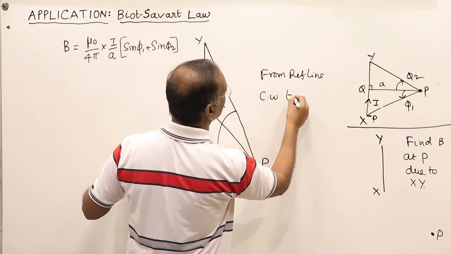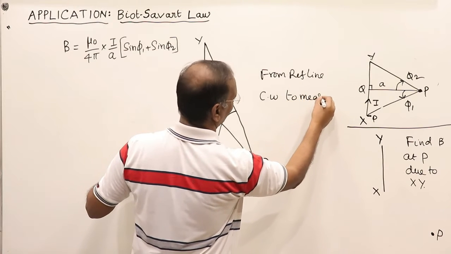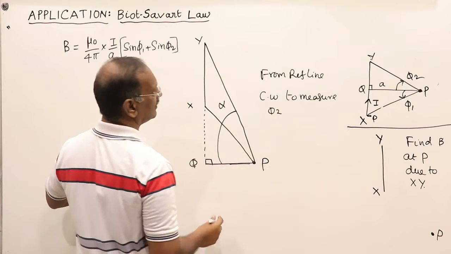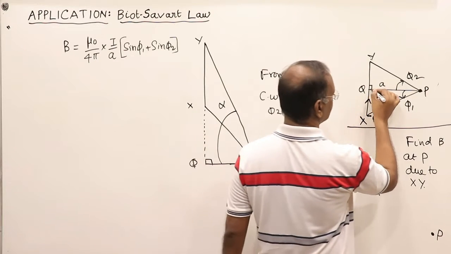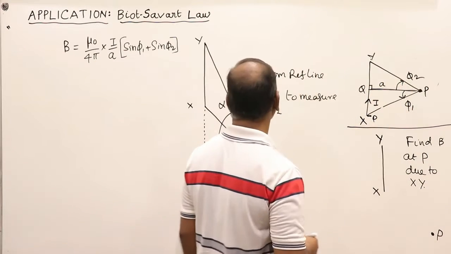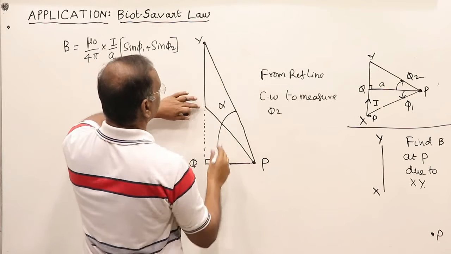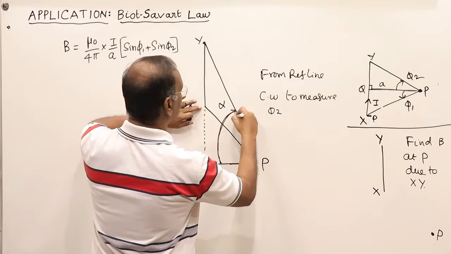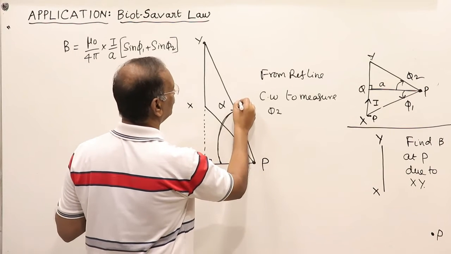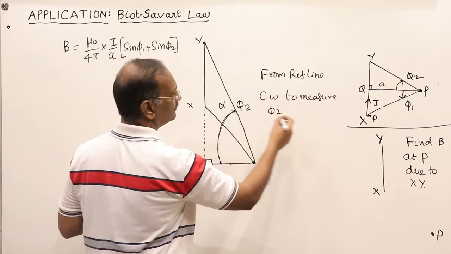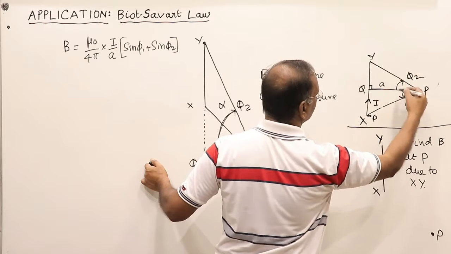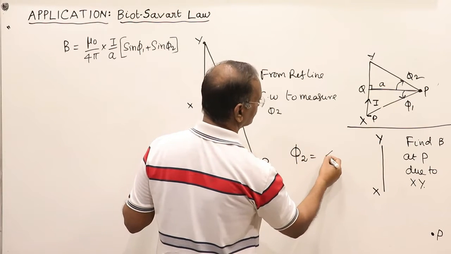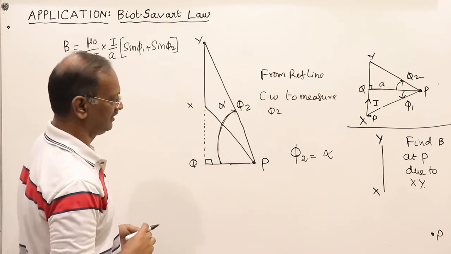It means up to where? The line joining the reference line with the top portion. This is the reference line, we go like this in the clockwise direction. This is your phi 2, because from the reference line we go to the line joining the top portion. Therefore, phi 2 is equal to alpha.